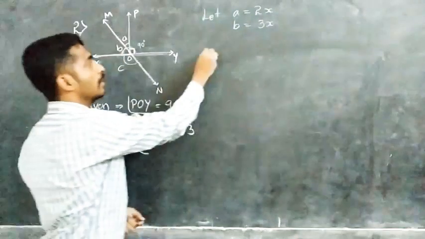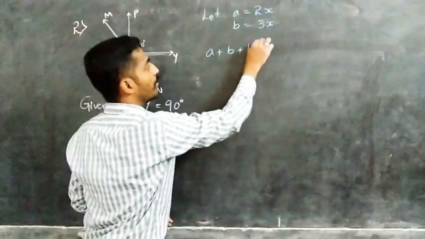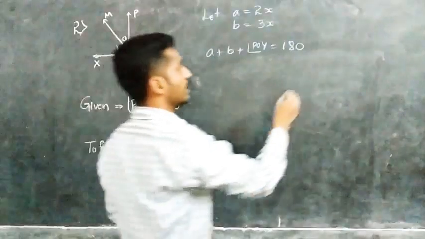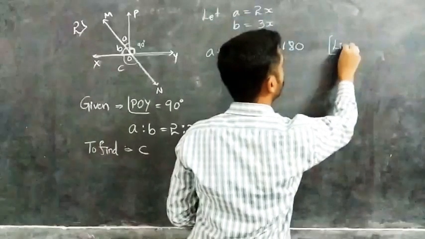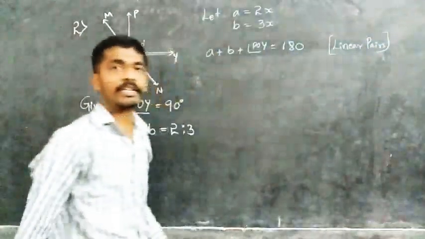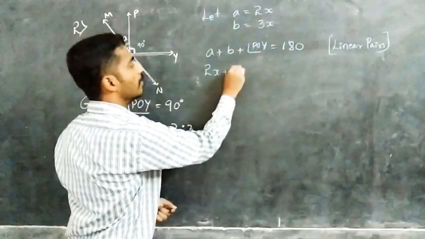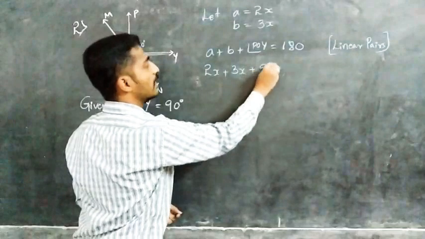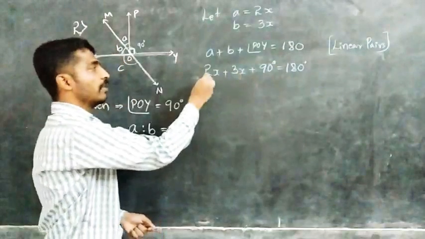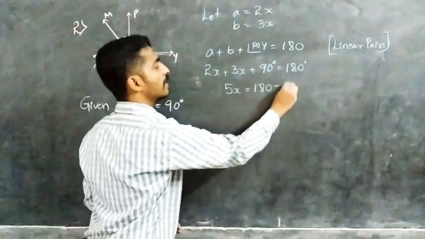So here A plus B plus angle POY equal to 180 degree. So what you can write here? Linear pairs. So A is how much? 2x plus B is 3x plus POY is 90 degree equal to 180 degree. Take 90 degree to that side. 2x plus 3x, that is 5x equal to 180 minus 90 degree.